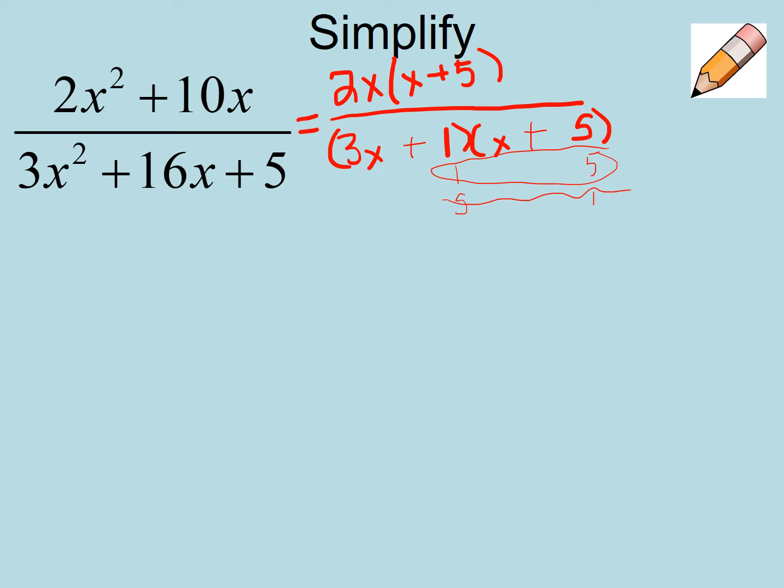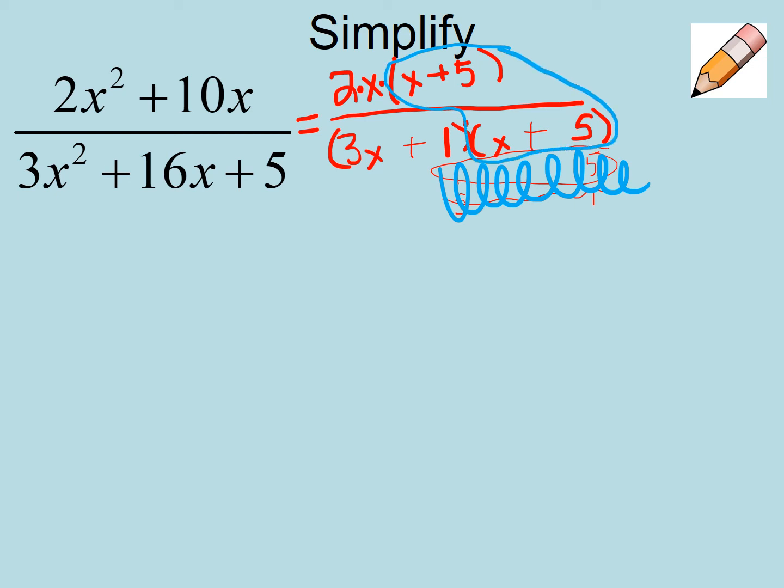Here, I'll scribble this out so we don't get confused. So now we have 2x times x plus 5 over 3x plus 1 times x plus 5. In my numerator, I have 2 getting multiplied by x getting multiplied by that x plus 5. And in my denominator, I have that 3x plus 1 in parentheses getting multiplied by that x plus 5. So what I have in common is this factor of x plus 5.